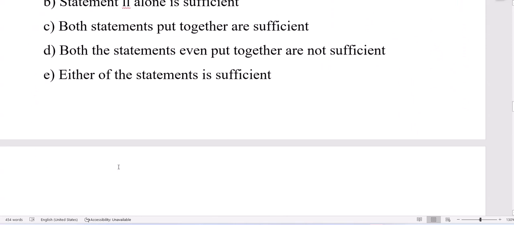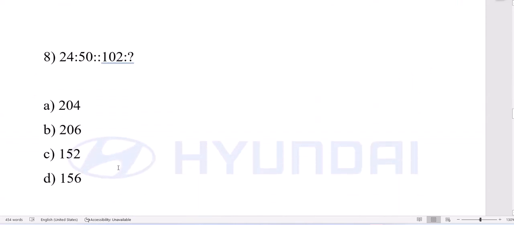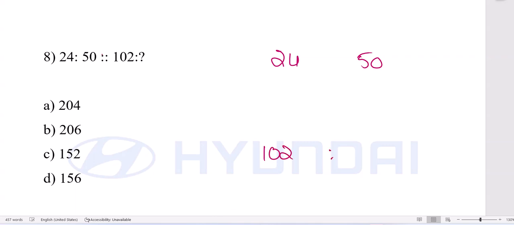Data sufficiency. And again analogy related, the one which we discussed just now. So think about this question. 24, 50 somehow related. You understand the logic. Then 1 or 2 is the same logic we have to apply. 24 and 50: there are n number of points that come to your mind.